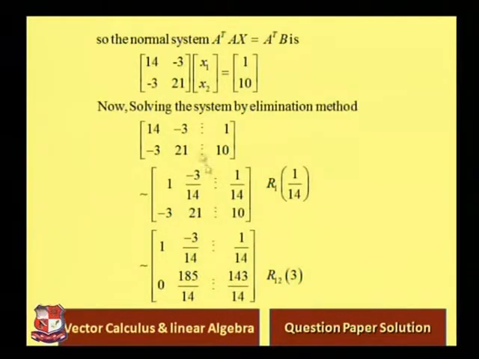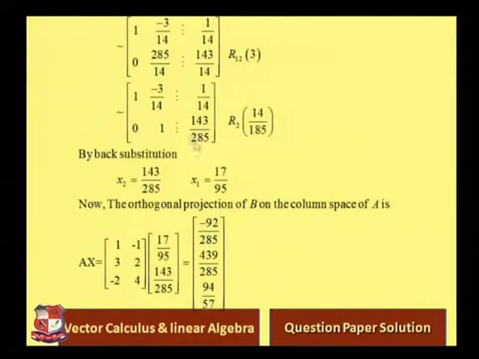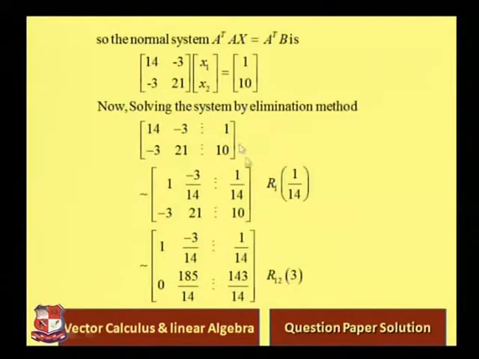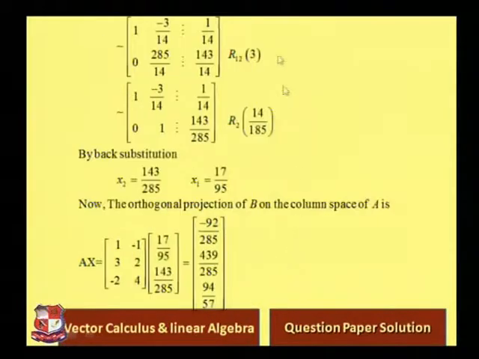Similarly for all corresponding elements in the column, so R2 plus 3 R1, and we get this answer. Okay, this is a repeat, so it's cancelled; now directly this matrix.